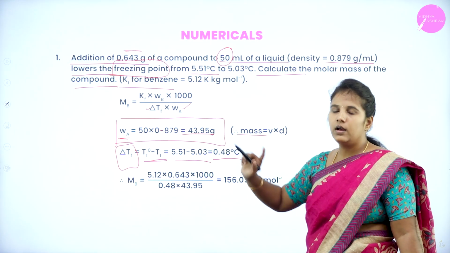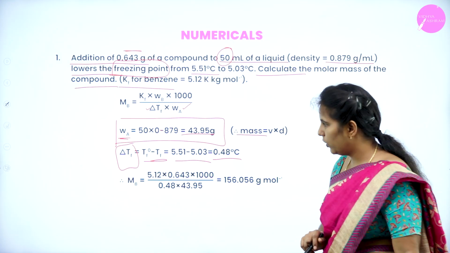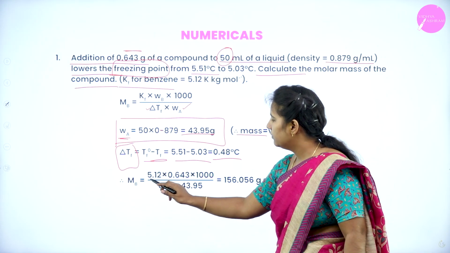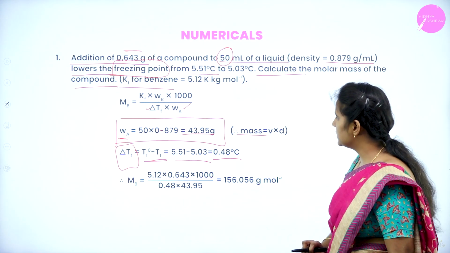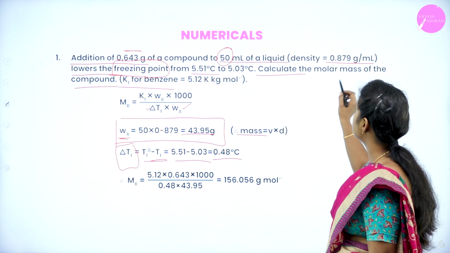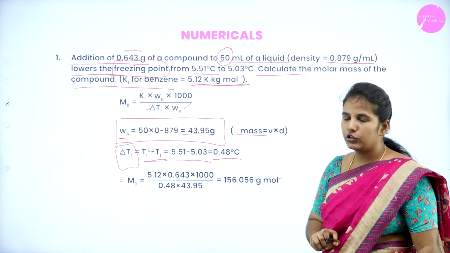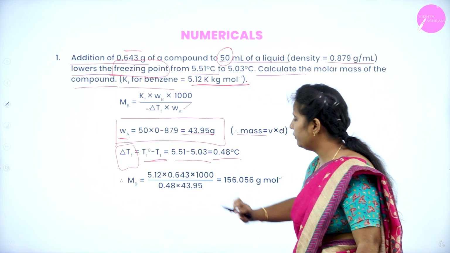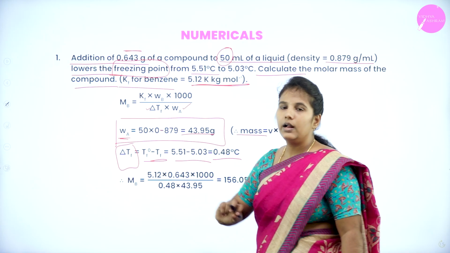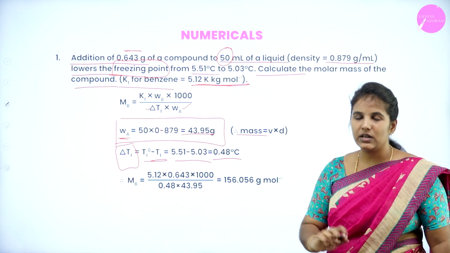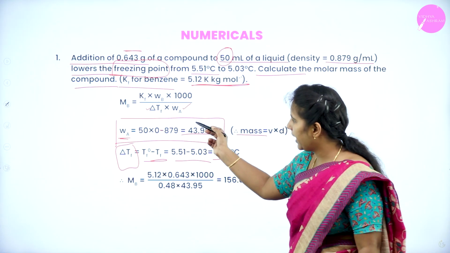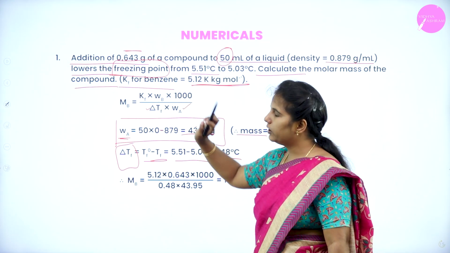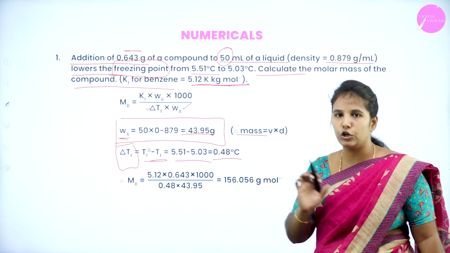So if you substitute the values in the above equation, you will get 5.12, that is the value of Kf, the proportionality constant. 5.12 into 0.43, that is WB, the mass of the solute. Here we calculate the mass of the solvent, and they have already given the mass of the solute.